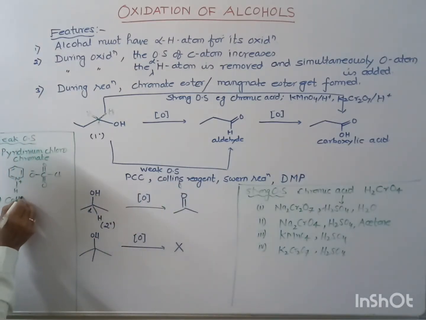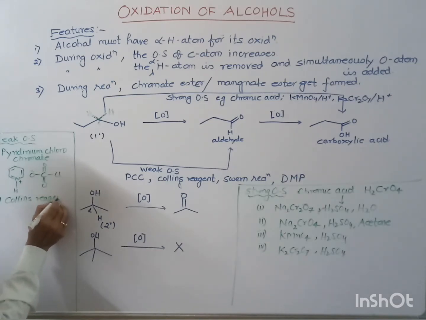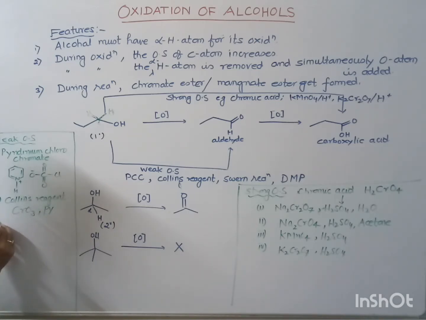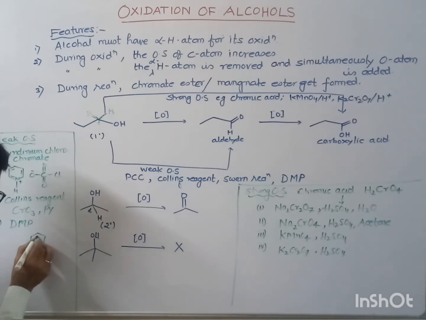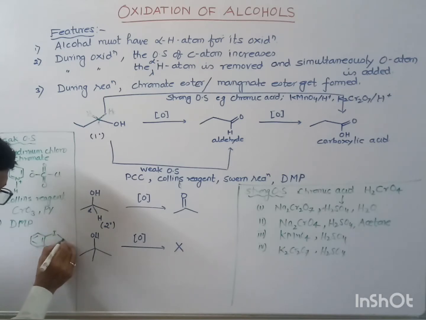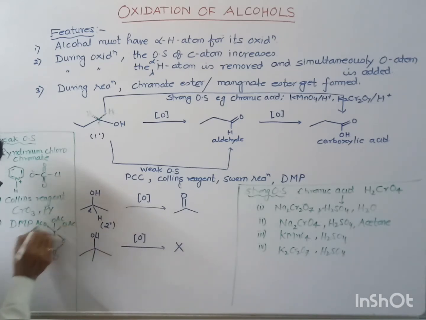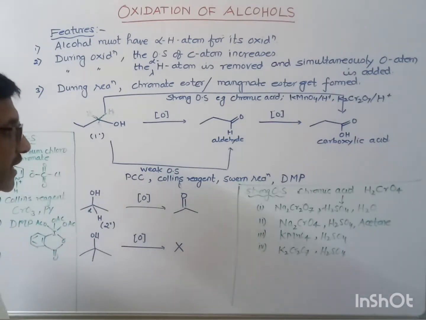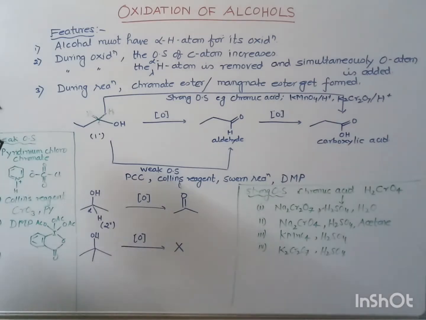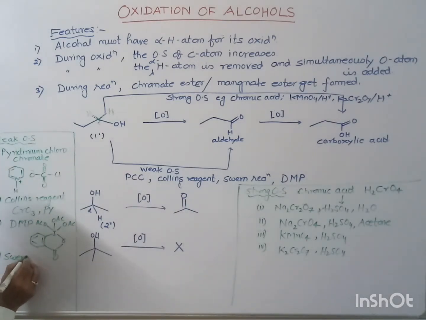that is CrO3 in pyridine, or we may use Dess-Martin periodinane. The next weak oxidizing agent is Swern's reagent, or we can say Swern's reaction.